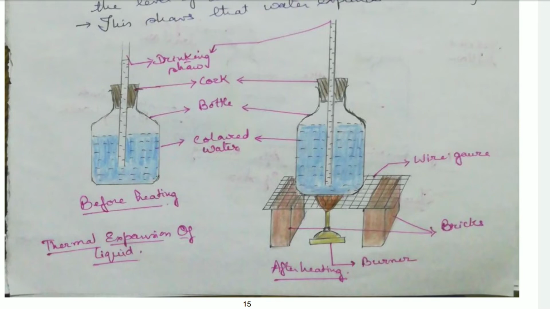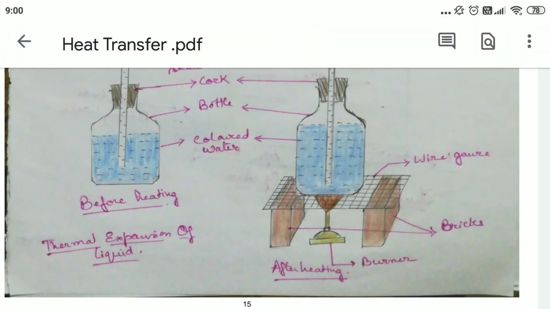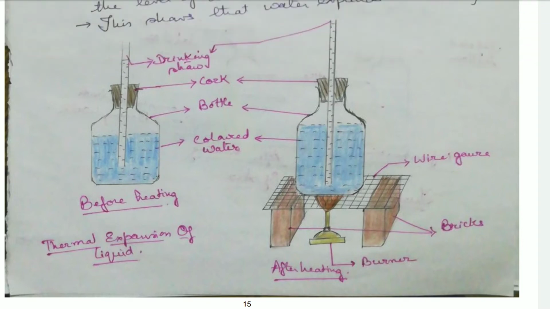Then we mark that level, and then we heat the bottle with the burner, and we will see that the water level rises. See, the water level has risen to a certain extent. So this shows that there's a thermal expansion of the liquid.